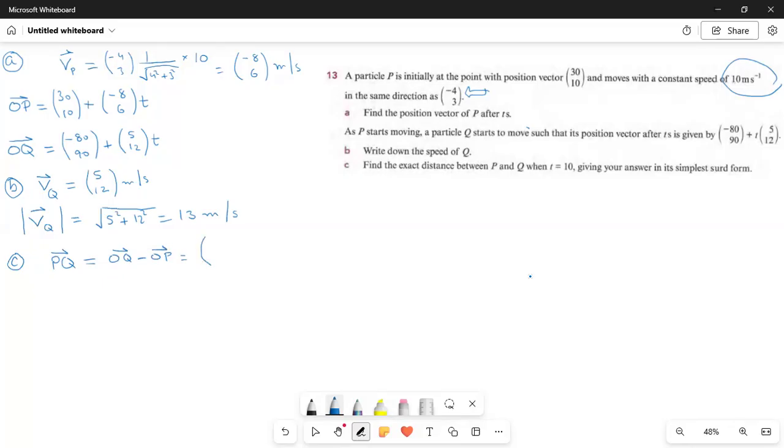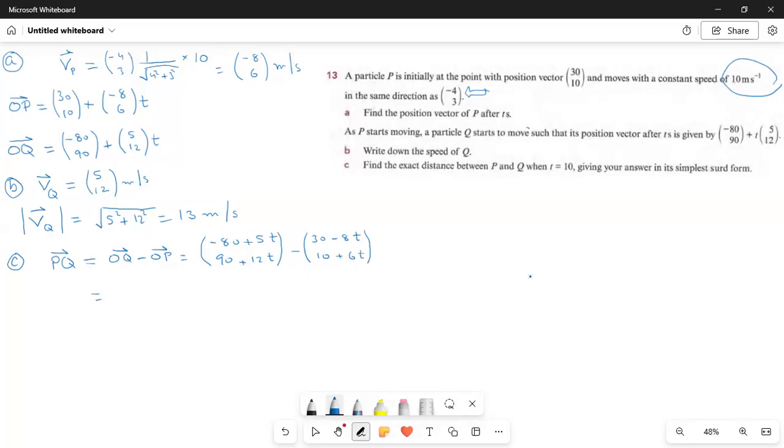OQ, I will write it as (-80 + 5t, 90 + 12t) minus OP, and OP is (30 - 8t, 10 + 6t).